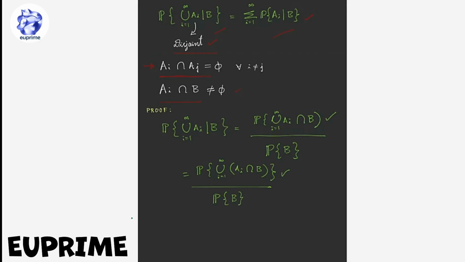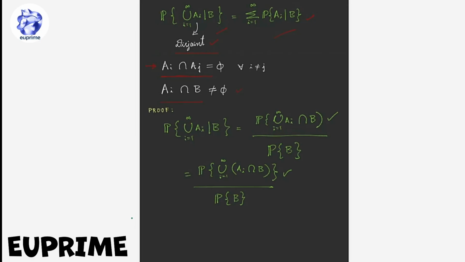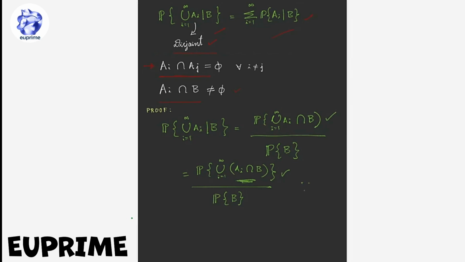So what it means is, whenever you're intersecting, the union of intersection of AIs with B is equivalent to the union of just the intersection terms, because we are only measuring intersection terms, as given in this initial condition, because AI intersection B are disjoint.